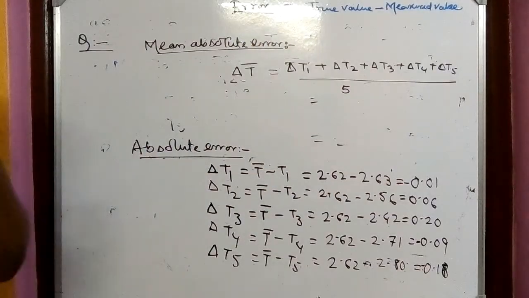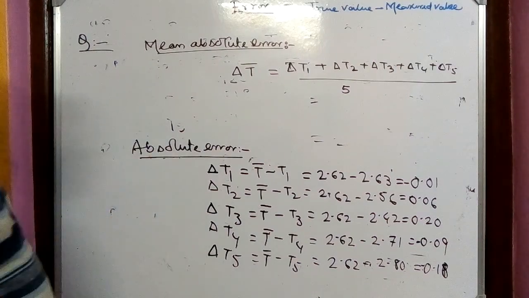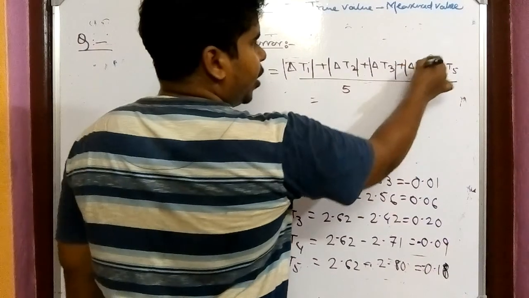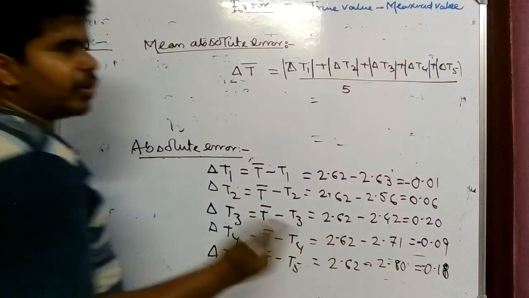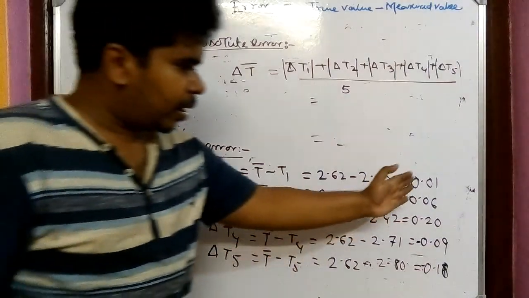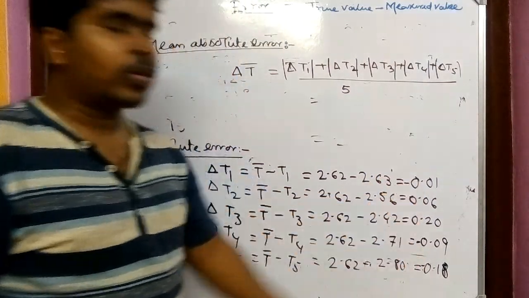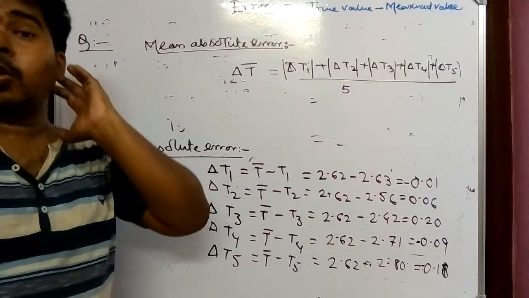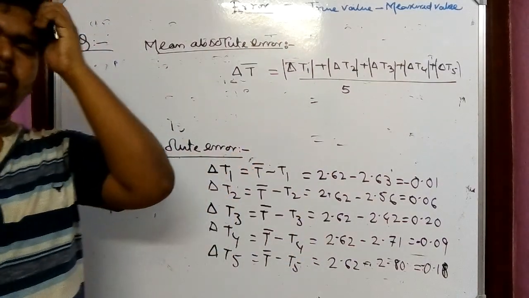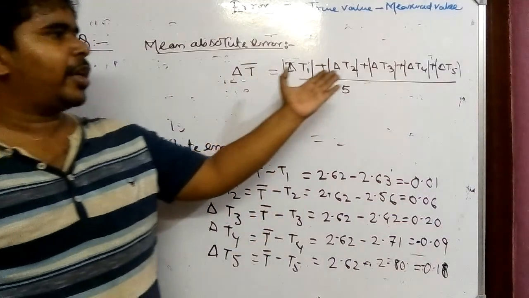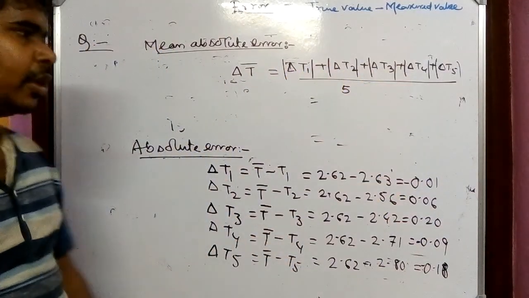One thing you have to remember: to write it accurately, we have to take the mod. Initially we were not talking about positive and negative, so we did not discuss the mod. Here you have seen three minus values and two positive values, but in error no minus sign will come; all the things will be added. So we have to take the magnitude of the absolute errors.